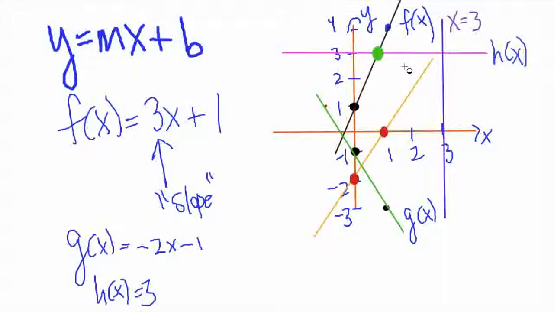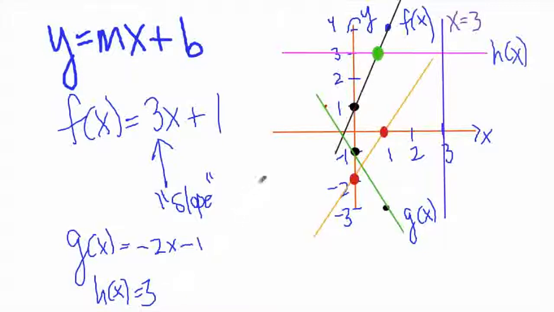So what you do in order to figure that out is, we have to see where they both have the same x and y, or what point is on both graphs that has the same y value for the same x value. So in this example, the h is always 3.